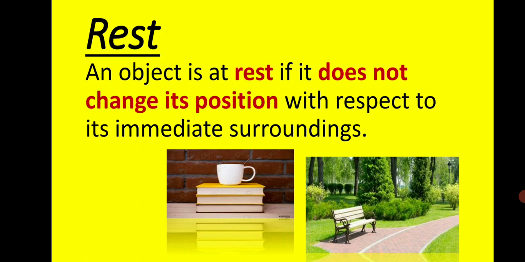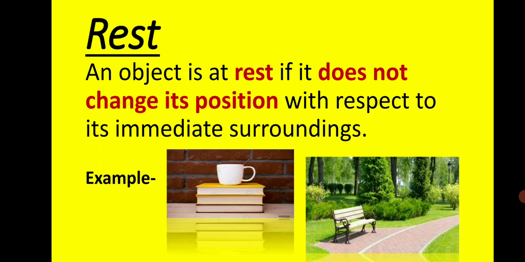An object is at rest if it does not change its position with respect to its immediate surroundings. As you can see, the book cannot move by itself, so it does not change its position. So it means an object is at rest if it does not change its position with respect to the immediate surroundings. The examples are a book lying on the table, a bench put in the park, and many more.